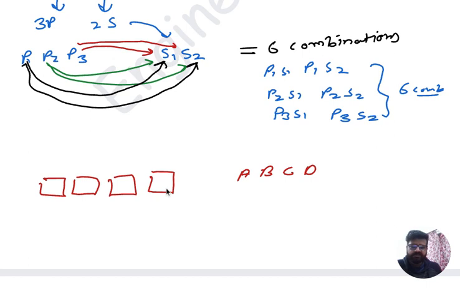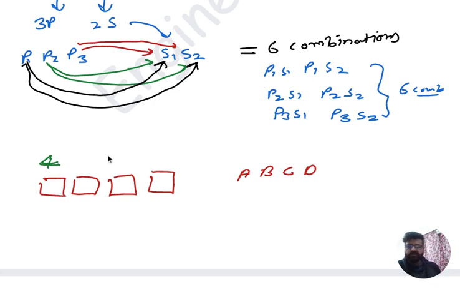There are 4 chairs and 4 students, so we have to find the number of ways in which we can allot the seats to all these students. I can allot this seat to A, I can allot this seat to B, C, or D. So there are 4 ways of allotting this chair.